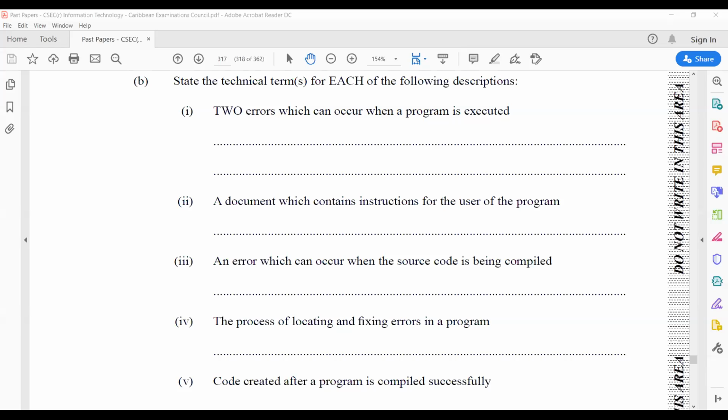You have your source code, it's compiled successfully, and it creates what will be used by the computer, the CPU. And that is referred to as object code. Okay? So that's object code.